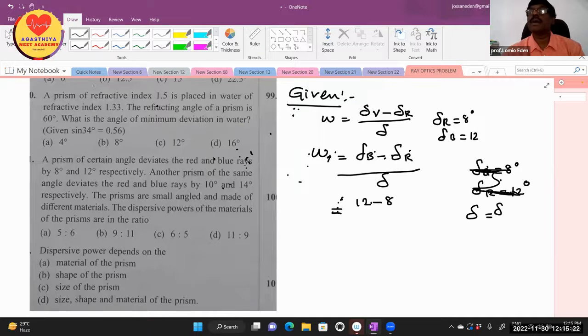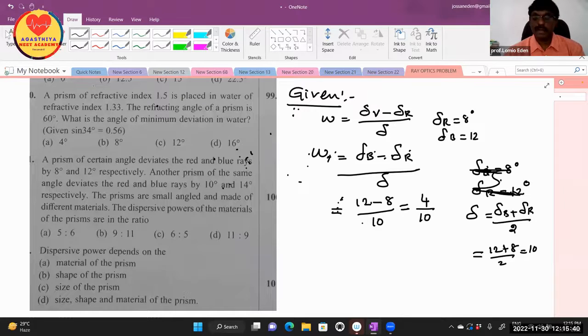Del is the average of blue plus red divided by 2. That is 12 plus 8 divided by 2. That is 10. This is 4 by 10. That is omega 1. Another prism of same angle of deviation.